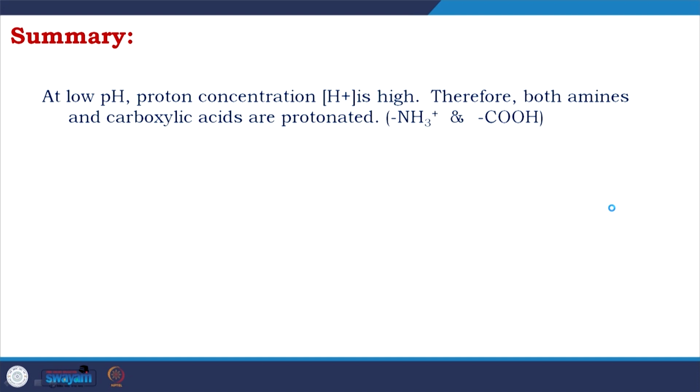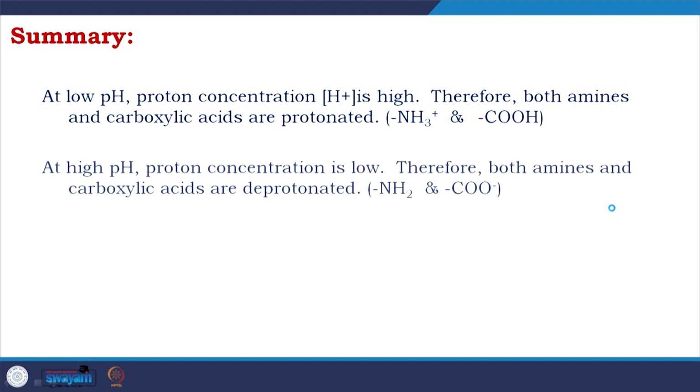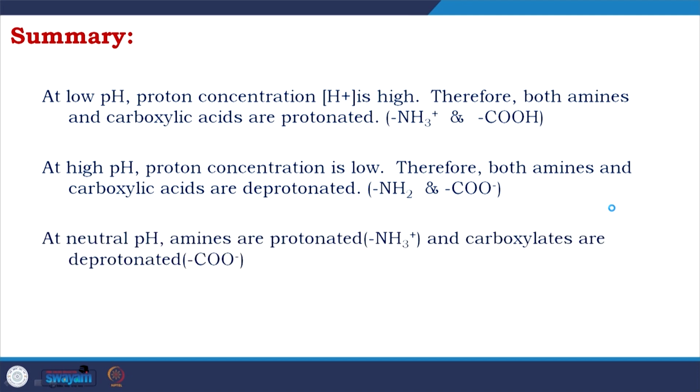So, summary: at low pH the proton concentration is high, therefore both amines and carboxylic acids are protonated. At high pH the proton concentration is low, therefore both amines and carboxylic acids are deprotonated. At neutral pH, amines are protonated and carboxylates are deprotonated, forming the zwitterion, but that differs with the side chain.